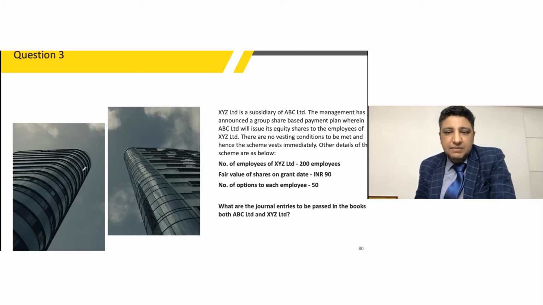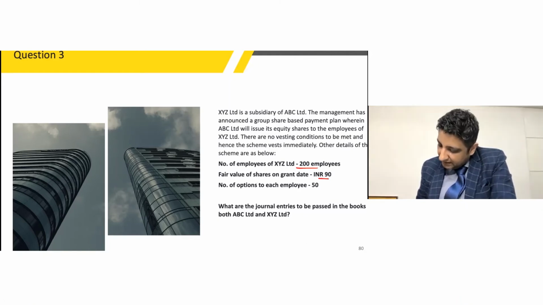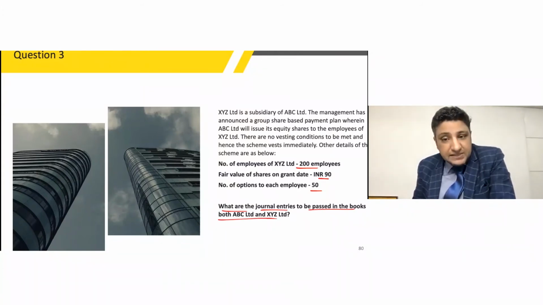Other details of the scheme are as below. Number of employees of XYZ is 200. The fair value of these shares on the grant date is 90. Number of options to each of the employees is 50. The question says, what are the journal entries to be passed in the books of both ABC and XYZ?